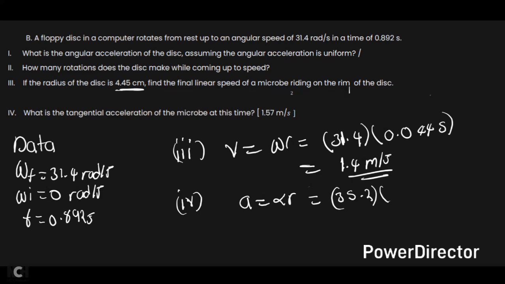Then what's the radius? The radius is the same one, which is 0.0445, like that. Then you have an answer which is 5.7 meters per what? Per second squared, like that. So that's how you answer this type of question.